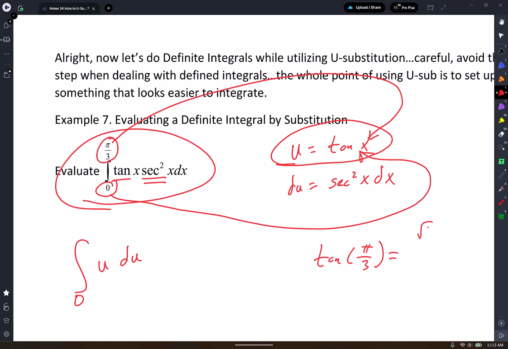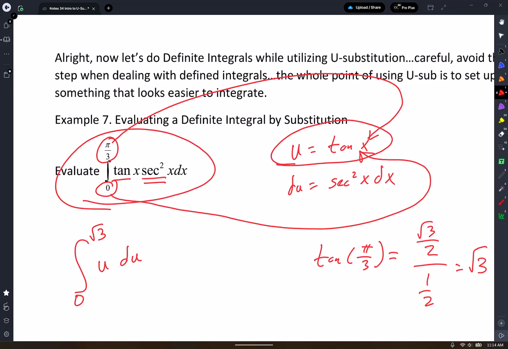Square root of 3 over 2 divided by a half, so it just becomes square root of 3. So there it is. Do I have to go back to the x? No, we're done. This integral right here is the same value as the integral on the top. So there's no reason to go back into x's or anything.